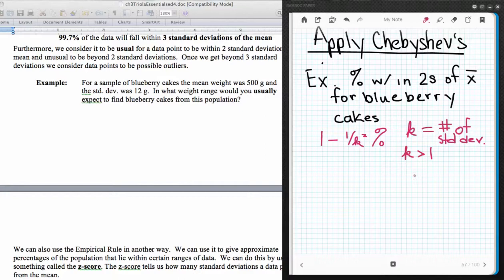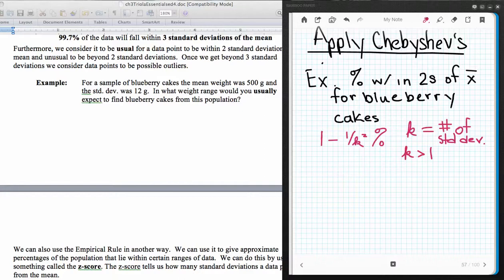So this rule doesn't work quite the same way that we have the empirical rule written. The empirical rule says this percentage of data based upon this number of standard deviations, and it's good for 1, 2, and 3 standard deviations. Well, Chebyshev's will work for more than one standard deviation, so there's a difference there. And you can have any amount of standard deviations. It would work for 1¼ standard deviations, or 3 standard deviations, or 2.7 standard deviations. We can't say the same of the empirical rule. So they're a slightly different usage, first of all, but they apply to different types of data.